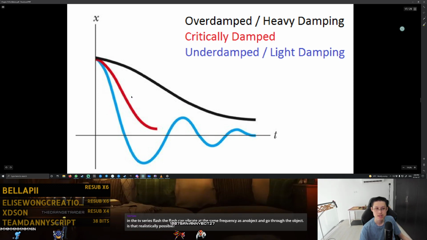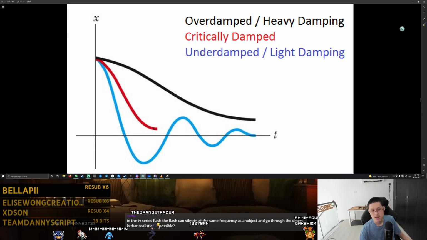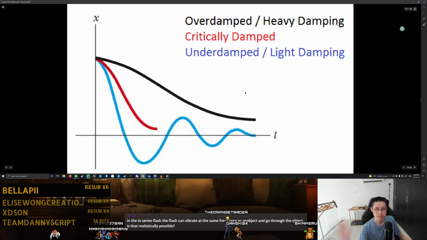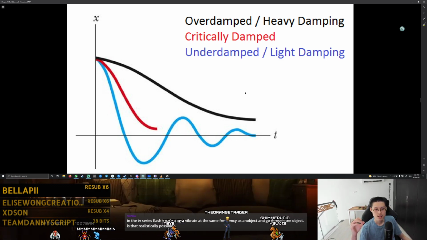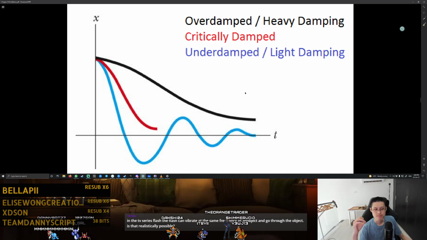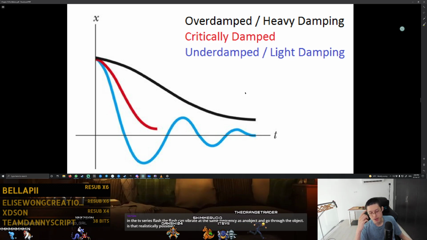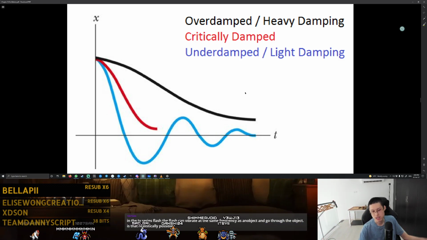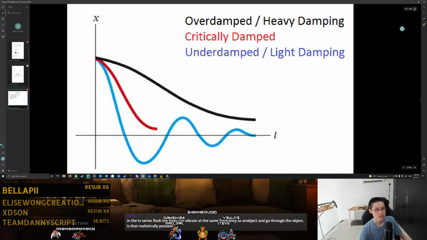Critical damping means heavy damping, but it stops in the shortest amount of time possible. There are different curves for heavy damping depending on the amount of damping that you introduce to the system. If it damps in the shortest time, that is considered critical damping. Essentially, that's it.